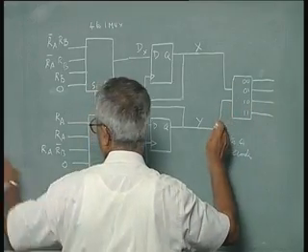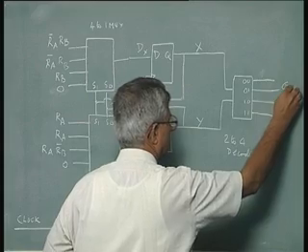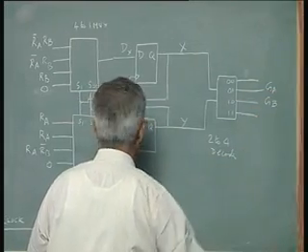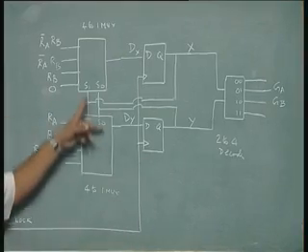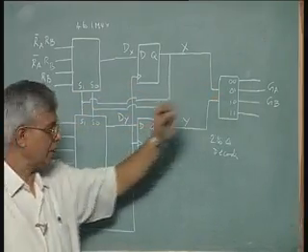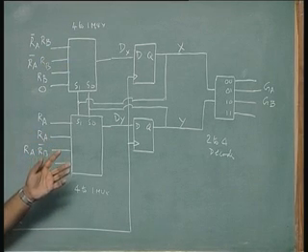So, the 0 1 output corresponds to GA and this corresponds to GB. So, the design is completed. 2 muxes, 2 D flip flops, 1 2 to 4 decoder, 2 2 input AND gates, 2 inverters.